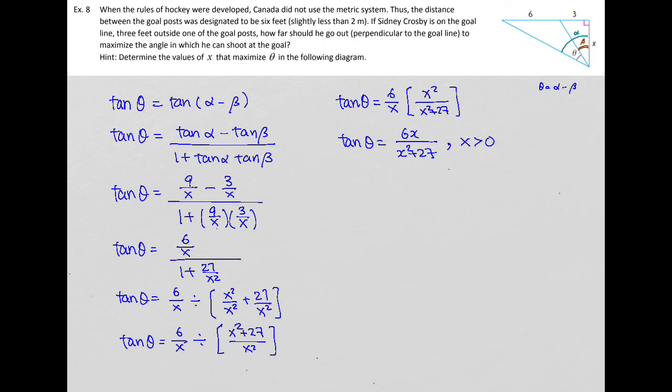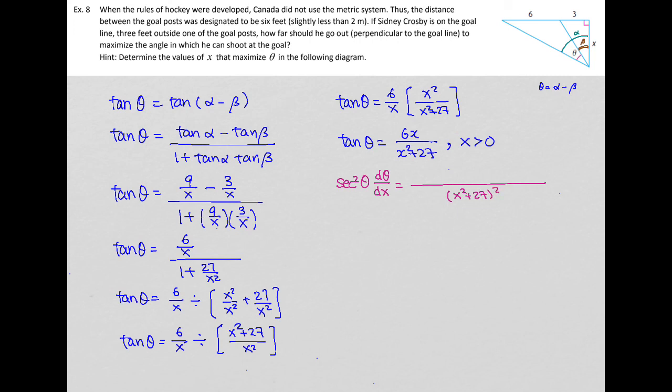Now we have the equation and we have the domain, so we are ready for differentiation. We're going to differentiate tangent. Tangent becomes secant squared theta, and d theta over dx equals 2 over, that becomes a quotient rule, x squared plus 27 whole thing squared.